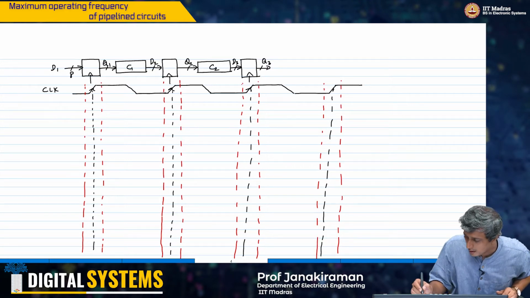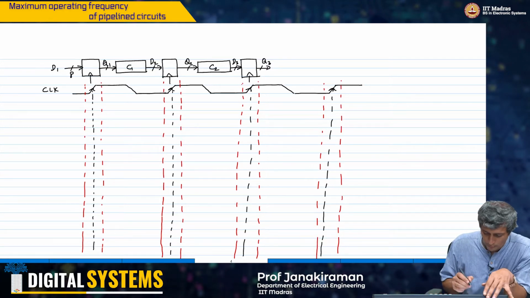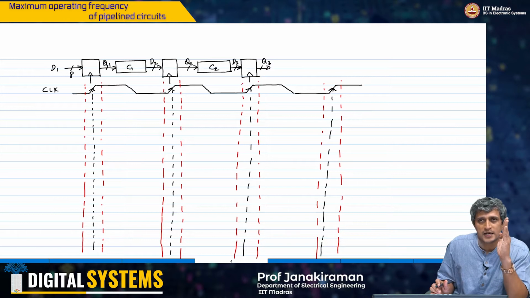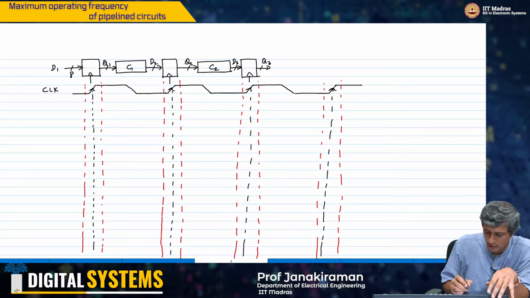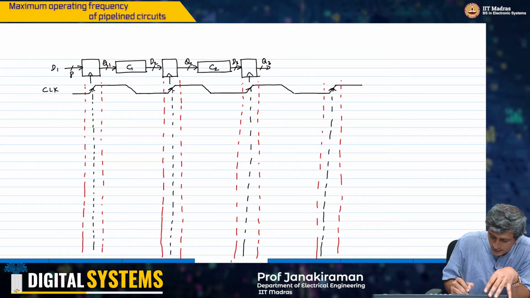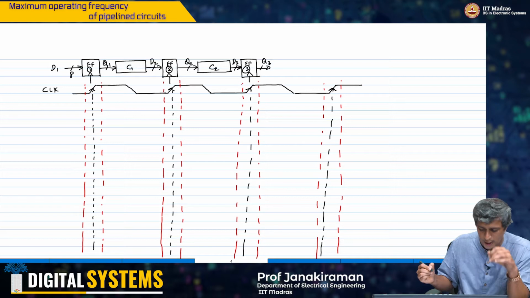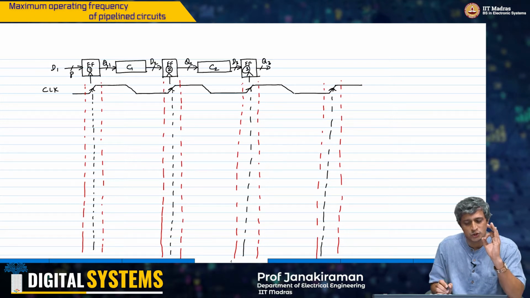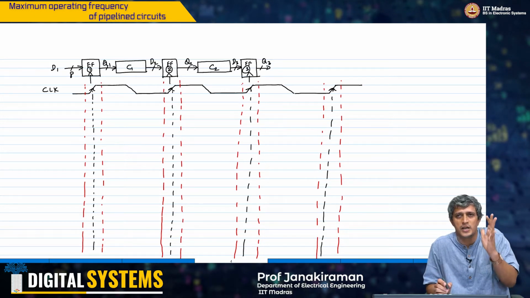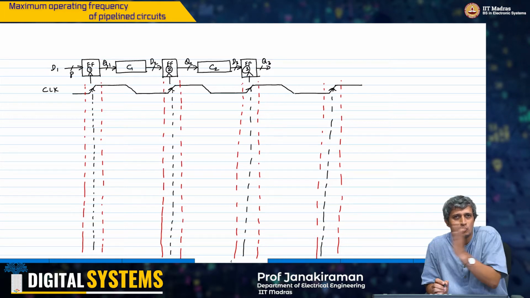Now in order for data D1 to be captured, I am going to call these FF1, FF2, FF3. Flip-flop 1 has to capture the change in D1 and send it into Q1.